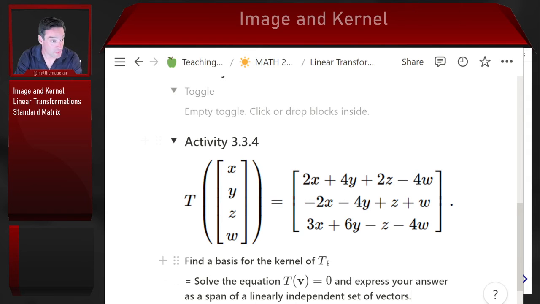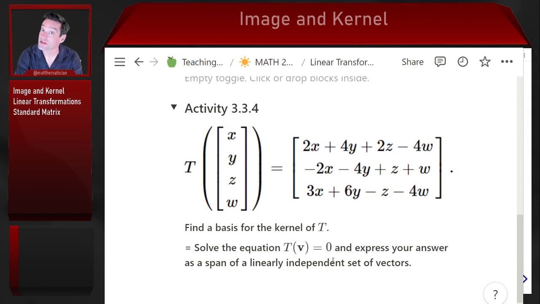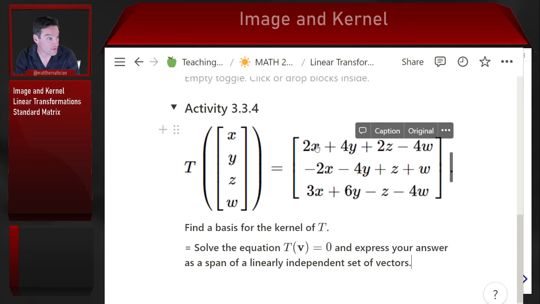That's all we're doing when we're finding a kernel. We're just solving a homogeneous equation. The kernel is the solution space of the homogeneous equation for the vectors which would result from factoring out my variables here, factoring out my x's, y's, z's, and w's.